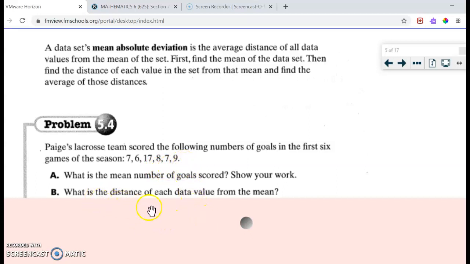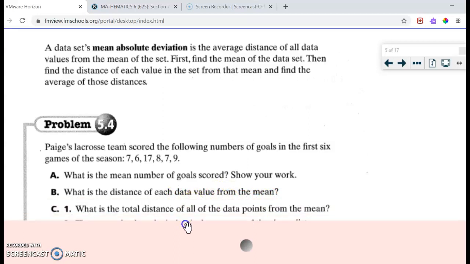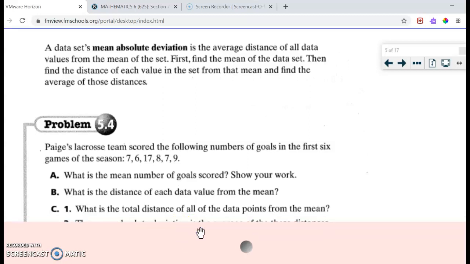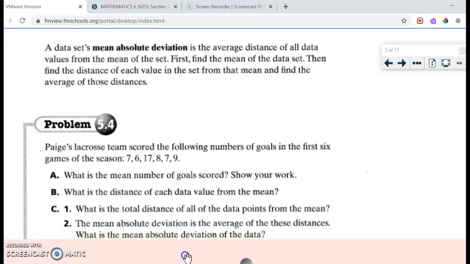So the total distance of all the data points from the mean is 16, which we did. And now the mean absolute deviation is the average of all these distances.